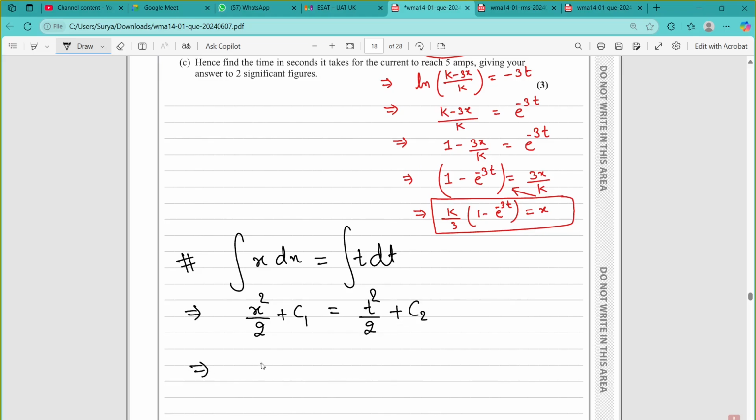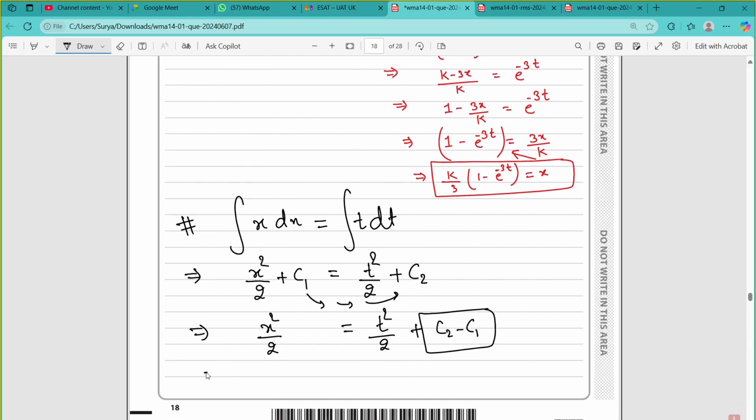So overall, can we write x squared upon 2 is equal to t squared upon 2 plus c2 minus c1? Can we shift this c1 to the other hand side? And now this c2 minus c1, can we assume this as a new constant? So can we write x squared upon 2 is equal to t squared upon 2 plus c? Can we think in this manner also?